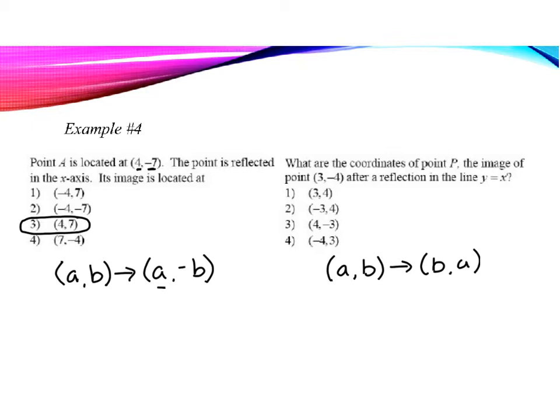Whenever we're going from the pre-image to the image, we switch a and b, and from the image to the pre-image, we're doing the same thing. We're switching a and b. So this point right here that we are given, if we're reflecting across y equals x, switch the values around. So that becomes the point (-4, 3), which is number 4 here.